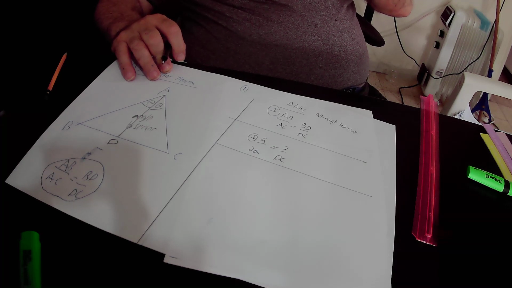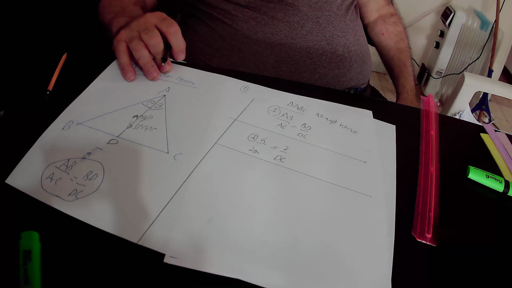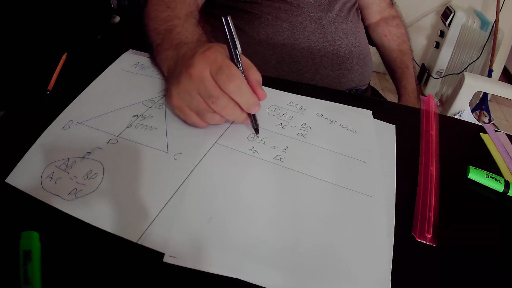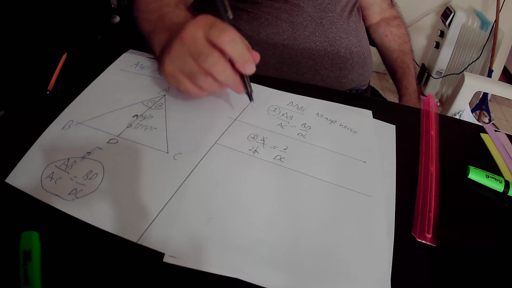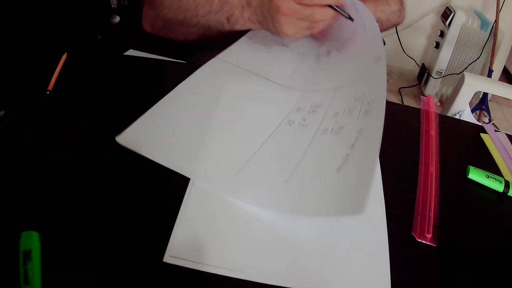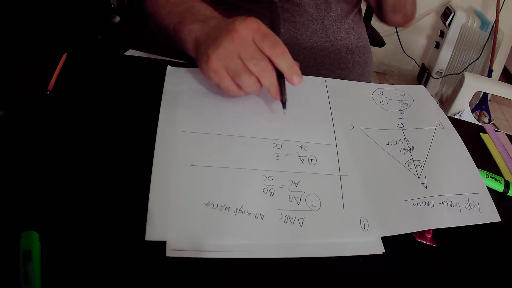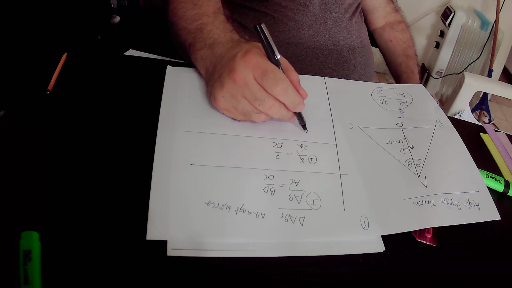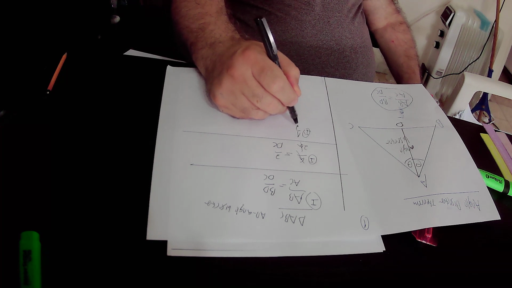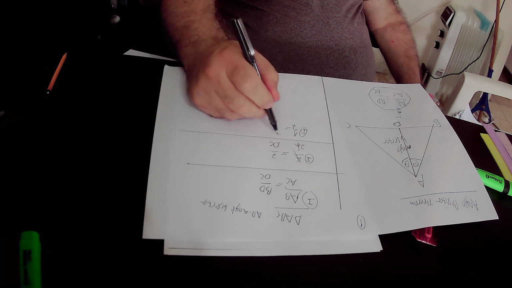We have A in the numerator and A in the denominator, so it gets cancelled, and we are left on this side of equation number 1 with only 1 half, equal to 2 over DC.